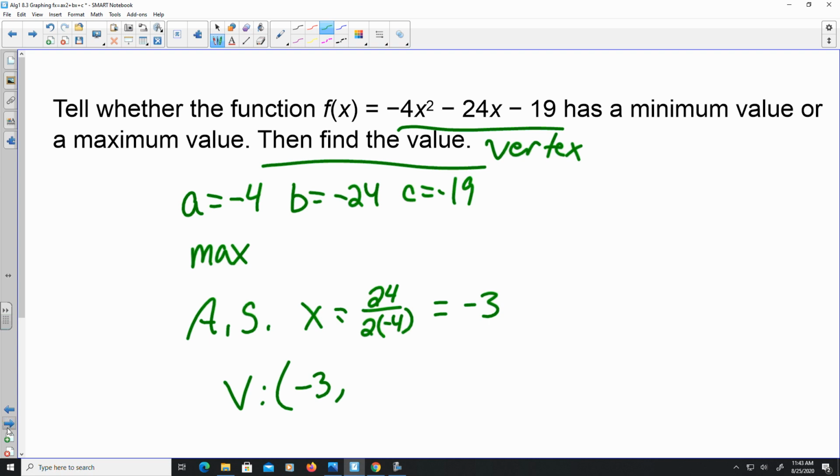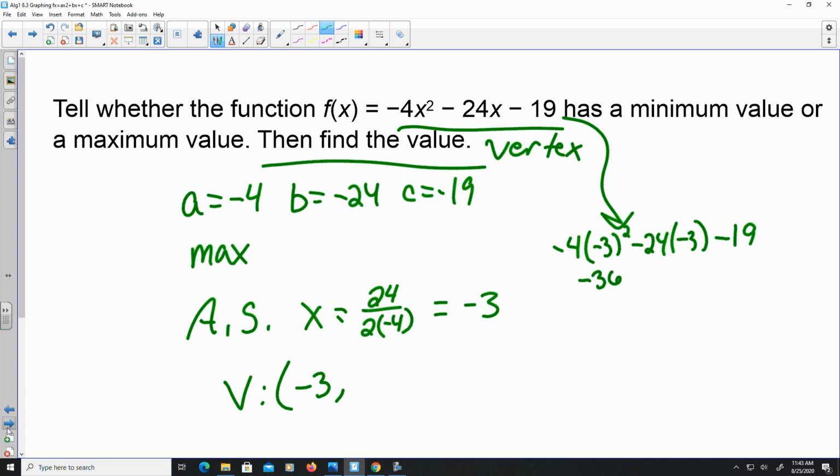To find out what my y coordinate is, I'm going to take this function here and substitute it in. So I got negative 4 times negative 3 squared minus 24 times negative 3 minus 19. So negative 3 squared is positive 9. 9 times negative 4 gives me negative 36.